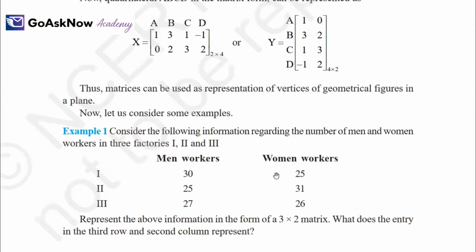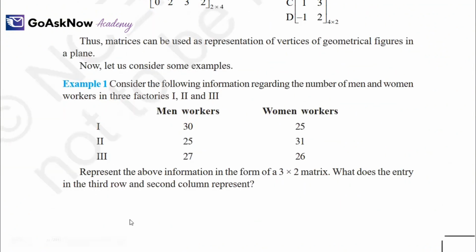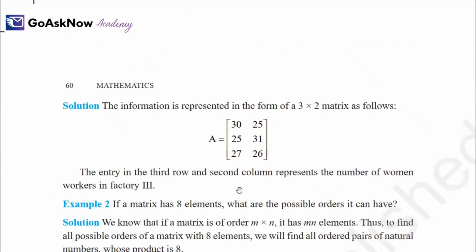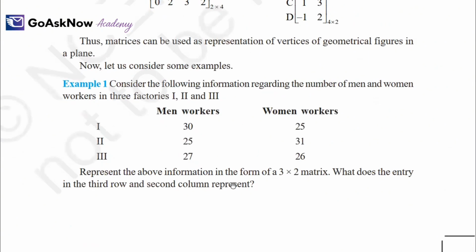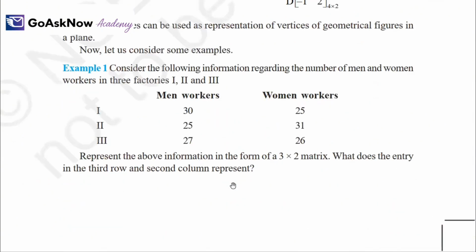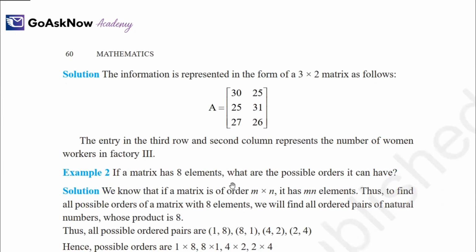So let's represent it. What does the entry in the third row and second column represent? The method of representing the above information in the form of a 3 cross 2 matrix is to write the information as a matrix.